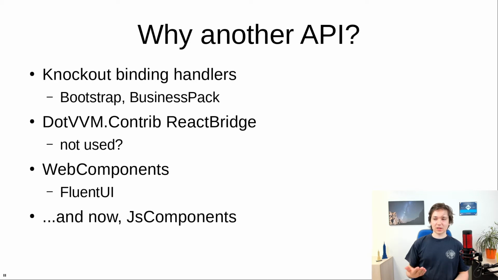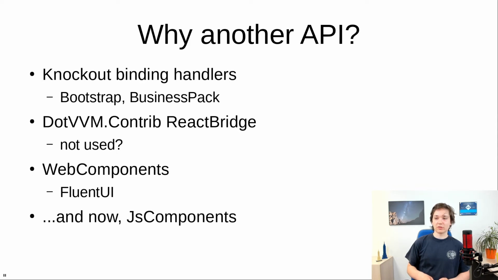So we already have multiple APIs for integrating client-side code with DotVVM. From the first versions of DotVVM, when it was called Redwood back in the day, if some of you remember, it was based on Knockout and Knockout.js, where you can write custom binding handlers, and these can be used seamlessly from DotVVM.